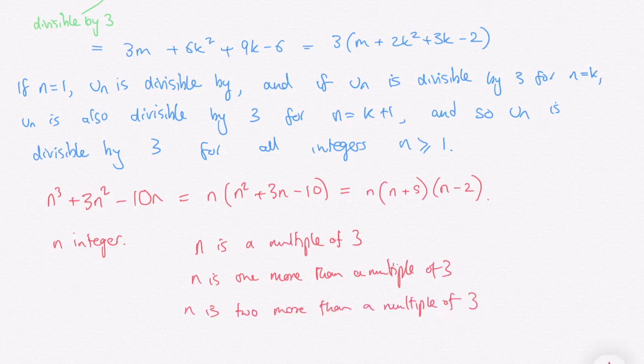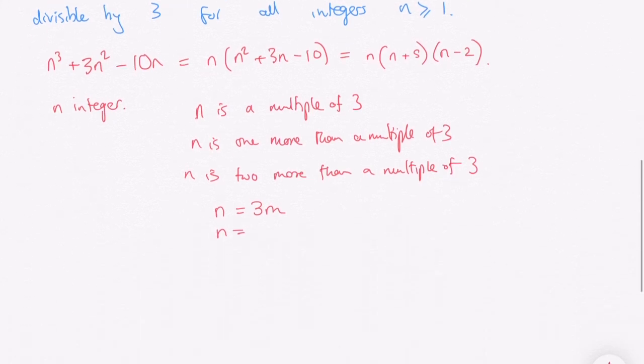We might want to give some algebraic expressions for this. Either we have n is equal to 3m, or n is equal to 3m plus 1, or n is equal to 3m plus 2, for some integer m, and these are the only possibilities.